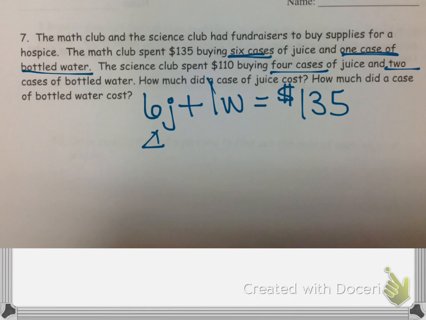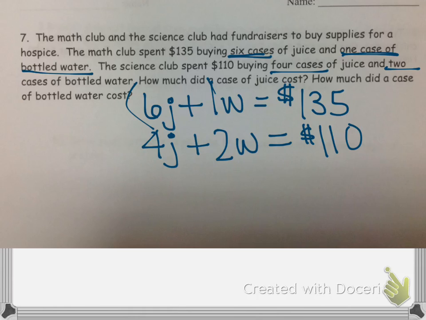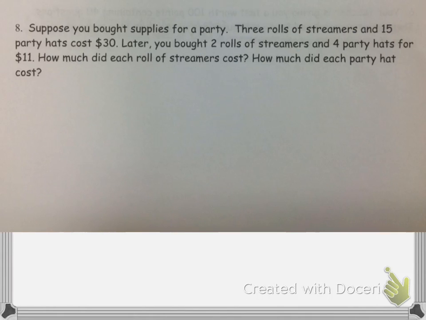And then 4 times the price of the case of juice plus 2 times the price of the case of bottled water is equal to the total amount of money spent. And then again, yes, we could go through and times it, right, because we don't have the same numbers. And I'm going to use 1 and 2, so I times the top by 2 and bottom by 1 and go from there. I'm just setting it up, and that's all I'm going to do there.